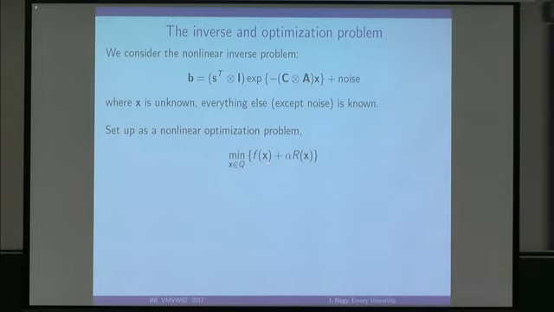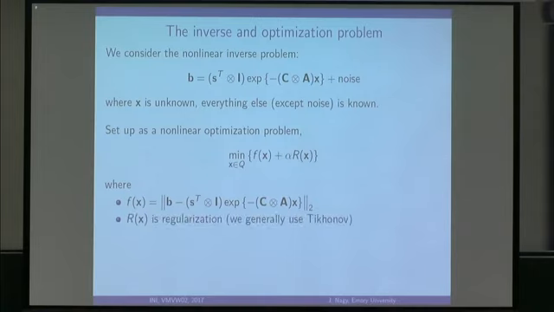So we'll need a fit-to-data term and a regularization term as usual, and then we'll have a constraint set where we'll put our solutions. I'm going to do something quite simple, but you can change your fit to data if you like. We're going to use basically a least squares fit-to-data term. We're going to use the simple Tikhonov regularization, but we can replace that with your favorite regularization if you like.